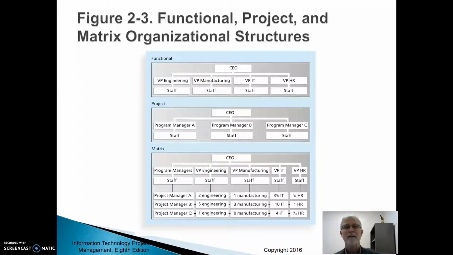Just to give you a rough idea, here are the three different types of organizational structures: functional, project, and matrix. Functional is where each organization has engineering, manufacturing, IT, HR, and all their staffs.